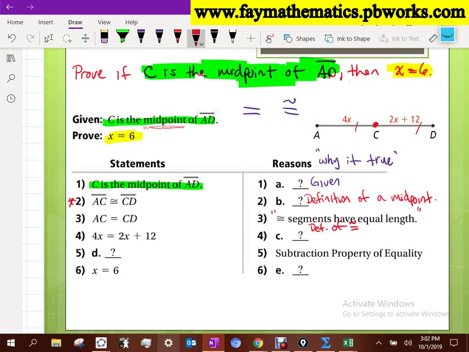Well, right now, do we know that AC is equal to CD? So this is a number, right? CD is a number. Those 2 numbers are equal. When I know what X is, isn't X a number? So then 4X would be a number, right? So would you guys agree that 4X is an alternative way of talking about the number AC?